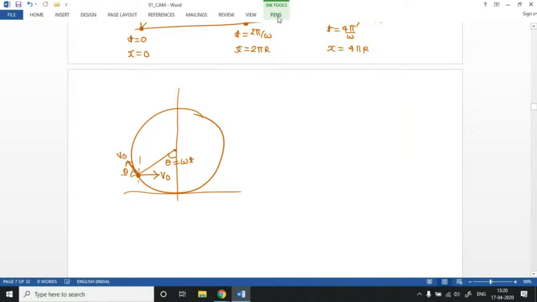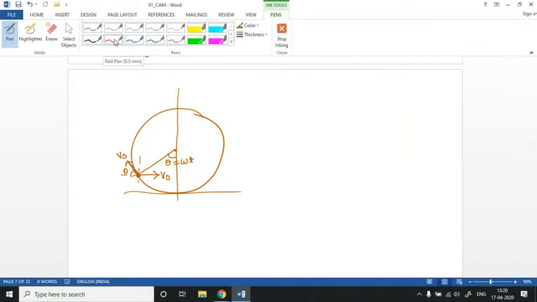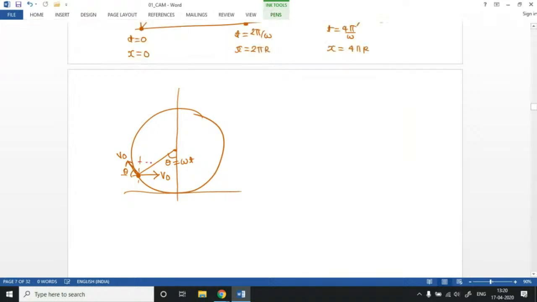The resultant velocity, or the speed of this particle, will be in this direction. This is v, and v would be nothing but 2 v naught sine theta by 2.